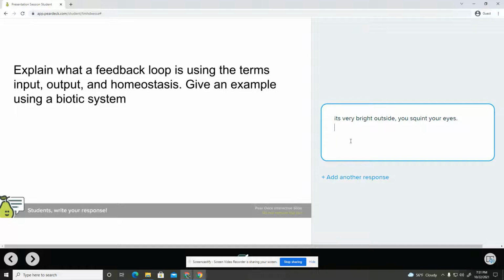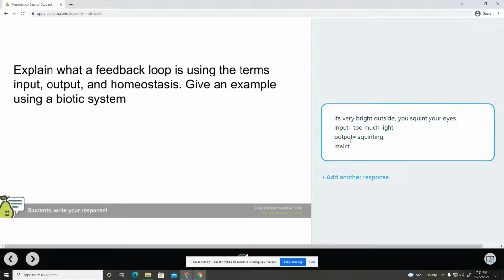So the feedback here, the input, too much light. The output is squinting.